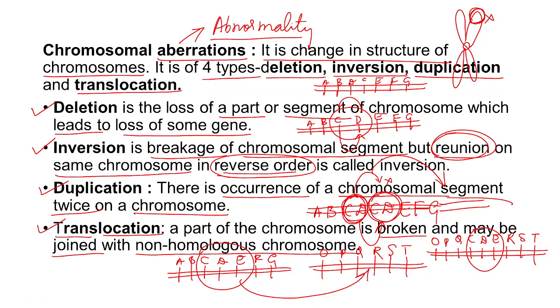So that type of aberration can also be seen. So these are all termed as different types of chromosomal aberrations. All of these are termed as chromosomal aberrations. Is that clear?